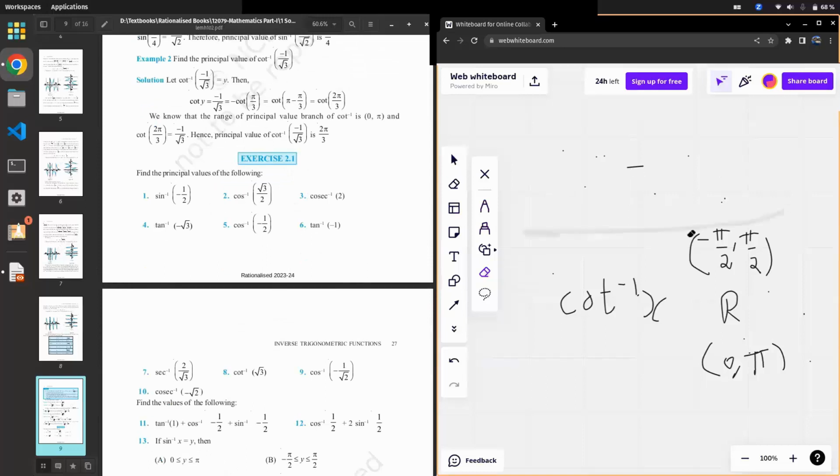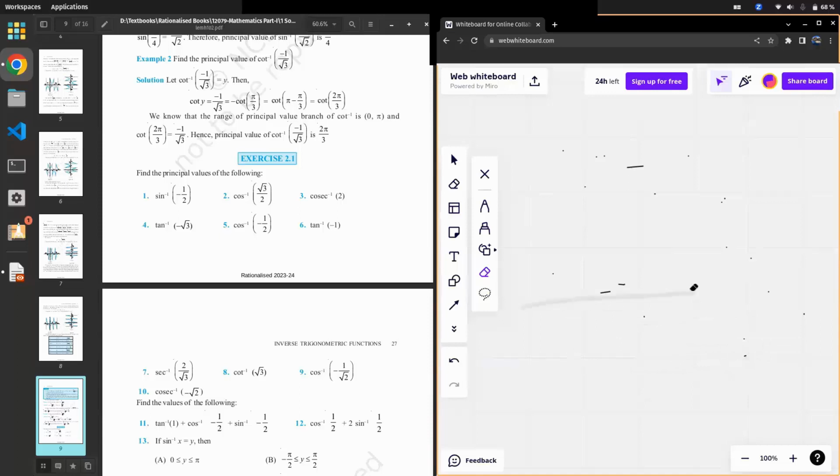The first problems are all of the same type: find the principal values of the following. So we have to find the principal value of the given value. First, sine inverse of -half. -half is in the domain of the function.